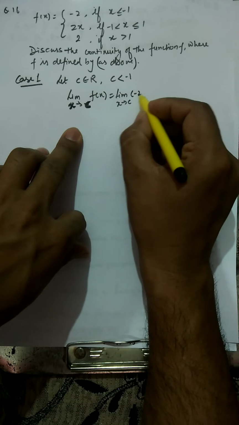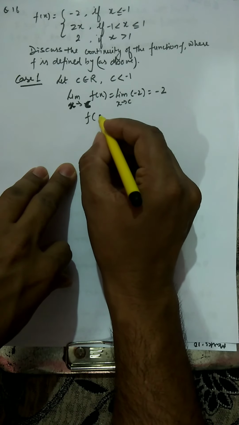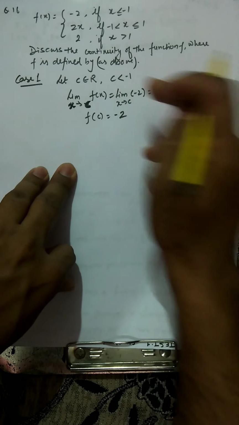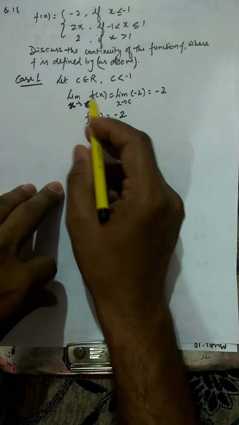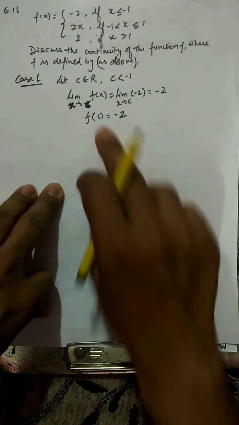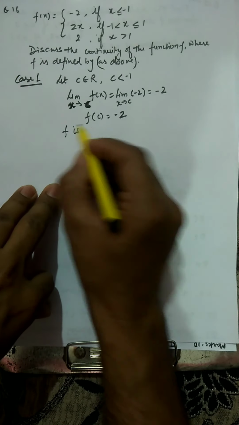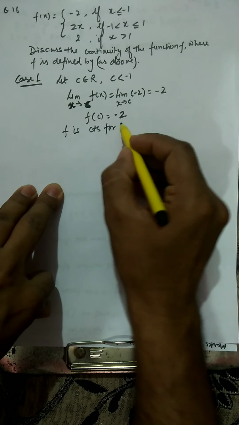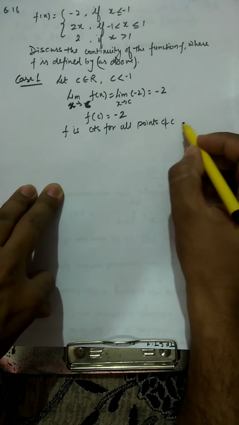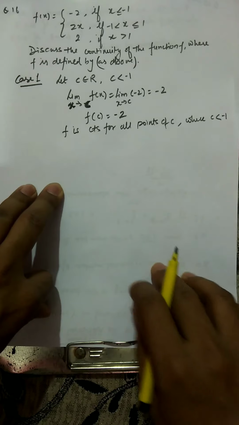So your function is -2, the answer will be -2, and f(c) will also be -2, because we are taking c less than -1. So you can see that the limit exists at this point, and it's equal to the value of the function at that point. So we can say f is continuous for all points c where c is less than -1.